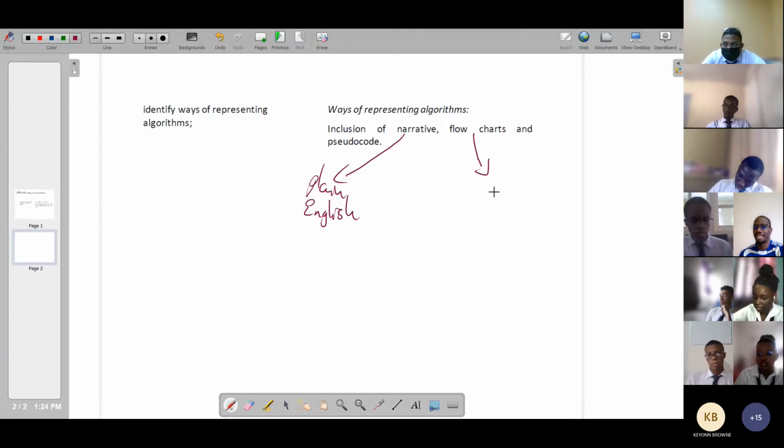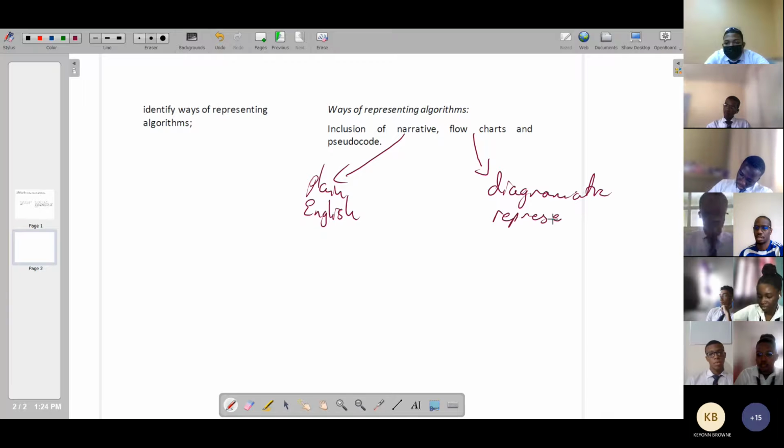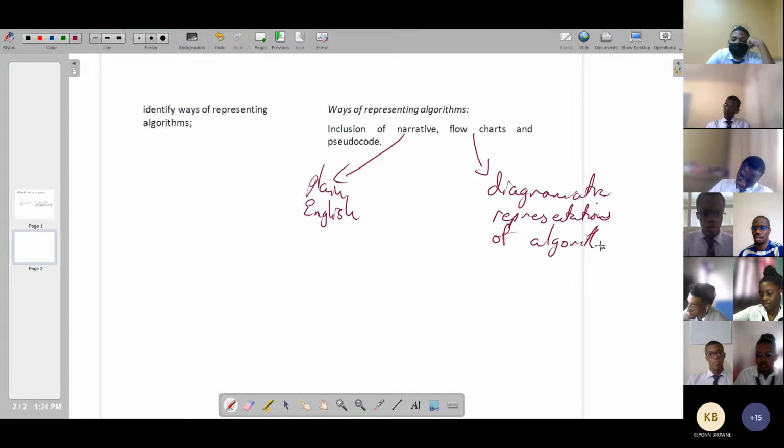Flowcharts are diagrammatic representations of algorithms. And within flowcharts, we have some symbols that will allow us to indicate different behaviors.